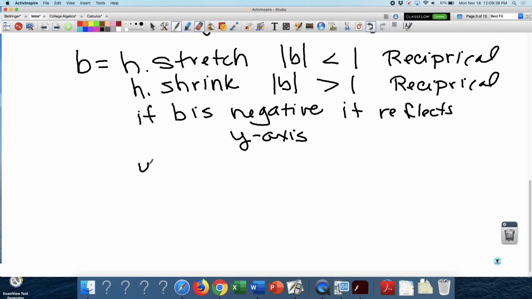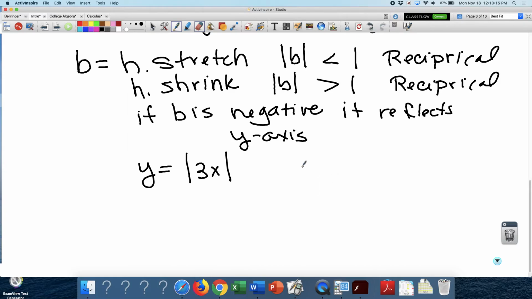If I've got y equals 3, let me make it absolute value. Okay, it's in the bracket, and it's in front of the X. So it's your B. Give me a second. You're on a horizontal shrink, not by 3, but by flipping it, 1/3.